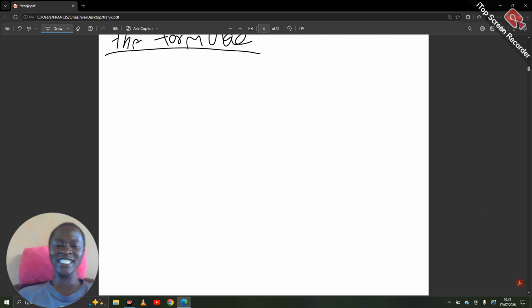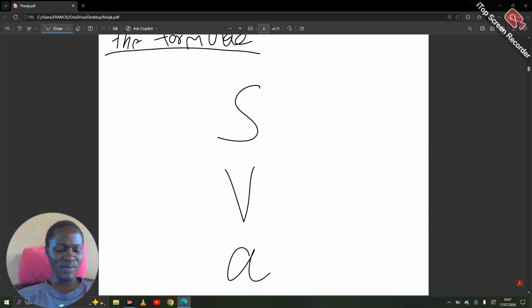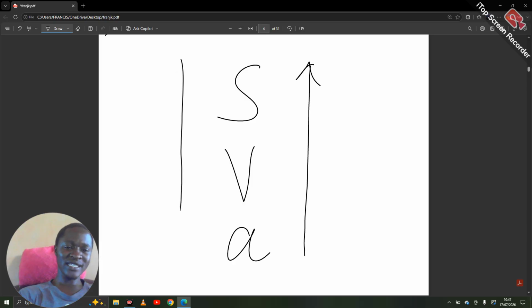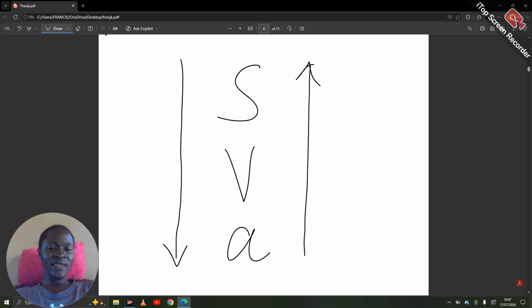And which formula is that one? SIVA. By the way, in mathematics, at some given point, you have to be less serious when you are trying to master some formulas, because it is by joke that some formulas will stick with you forever. It has been around 1 year of not doing mathematics, but I can still recall this subject very well. I can still recall the SIVA formula.